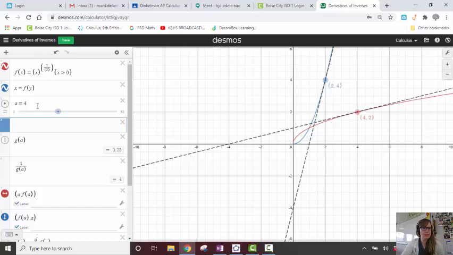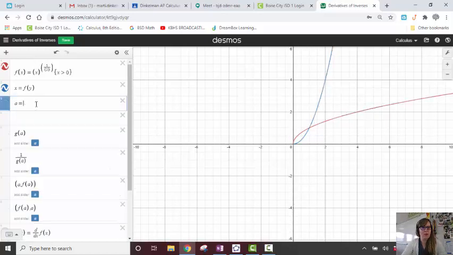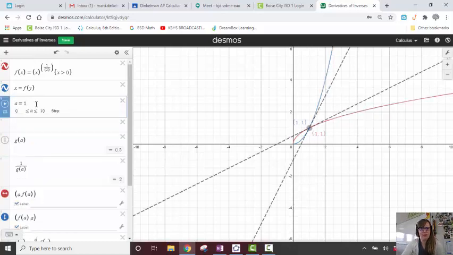So let's look and see what happens when a is 1. The weird thing here is that it's hard to tell the corresponding points because it's 1, 1 and then 1, 1. But let's look at their slopes again. For the red, it's 1/2. And for the blue, it is 2. So again, reciprocals.